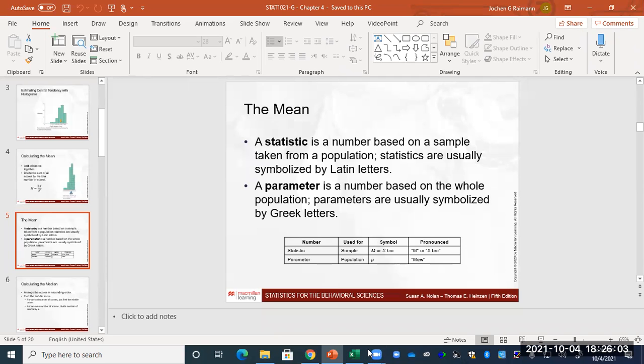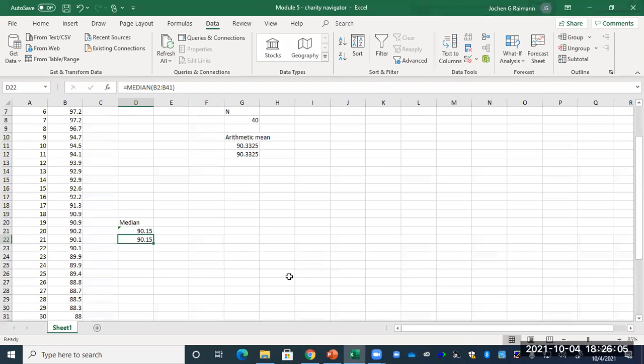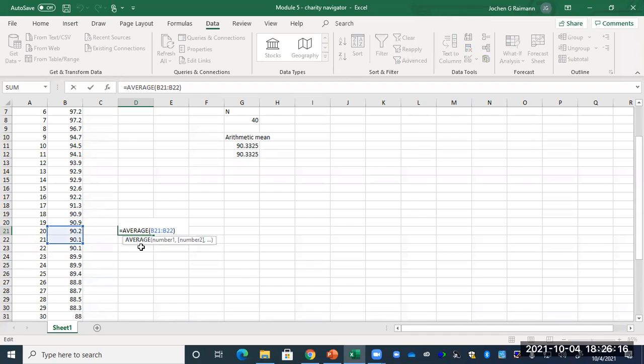Can you go back to the Excel process? Sure. What's the second way of finding the median? Yes, so this is by hand. I sorted the numbers, took the middle two numbers and built the average. That's all I did, so this is the manual way.